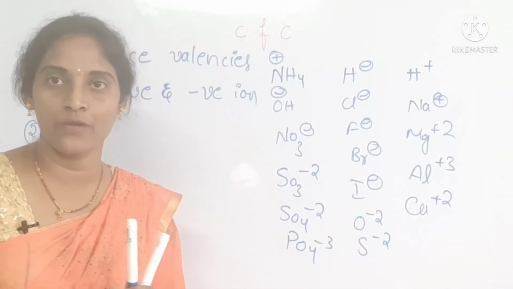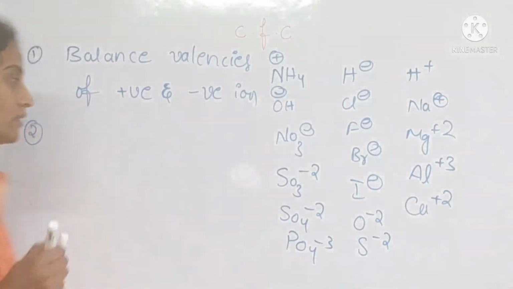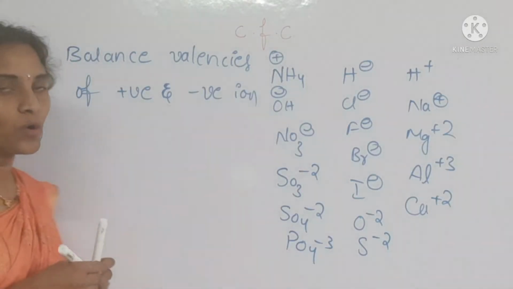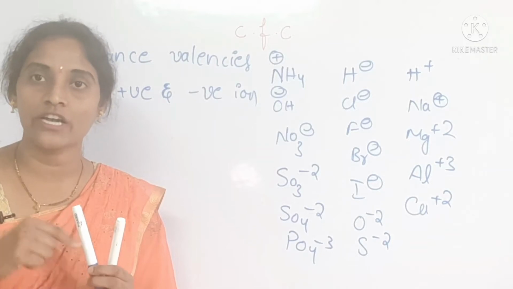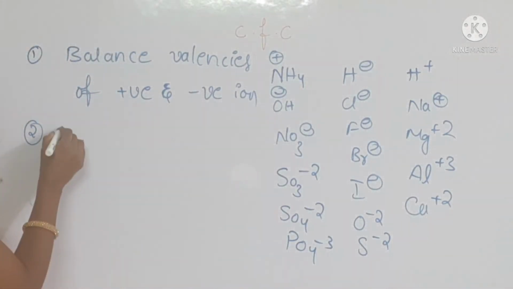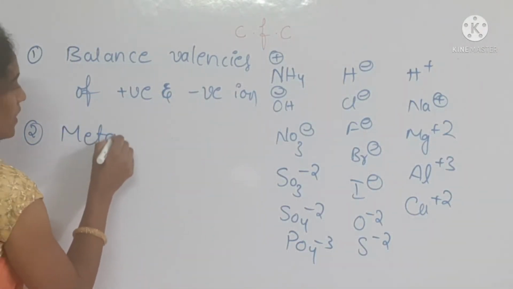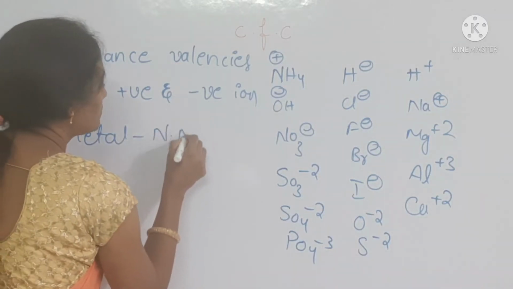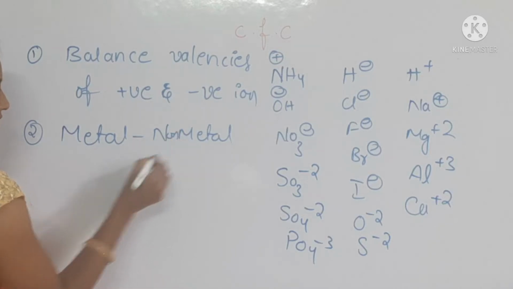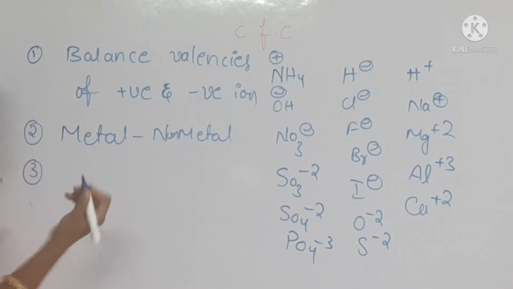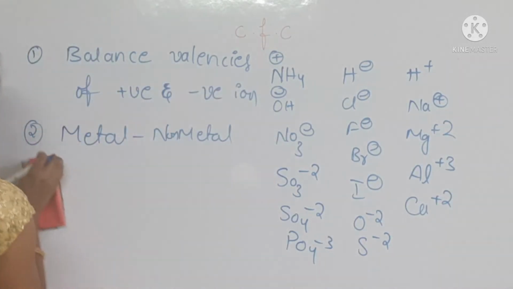write the metal's name first, then after that the non-metal. If a compound is formed with metal and non-metal, you need to write the metal's name first, then after that the non-metal's name. Metal, after that non-metal. Okay, for this one you can write an example, students.